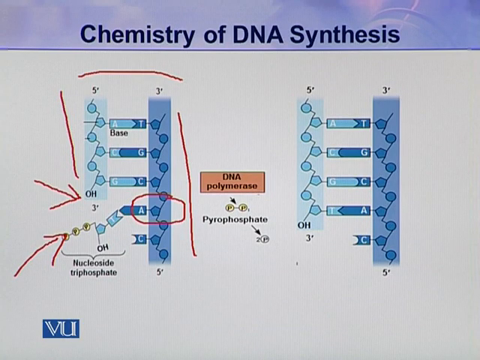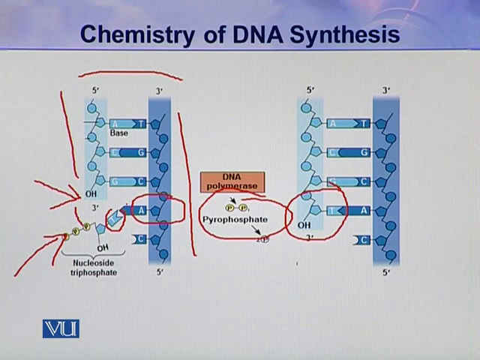As you can see here, if adenine is present, then this nucleoside triphosphate containing thymine comes here to be added to the growing chain. This hydroxyl attacks this phosphate, and after the attack you can see the pyrophosphate is released, and a new nucleoside triphosphate, or rather nucleotide now, is added to the primer side.